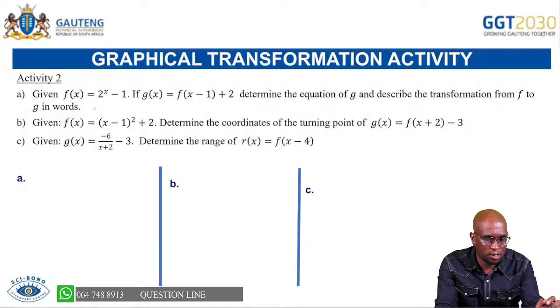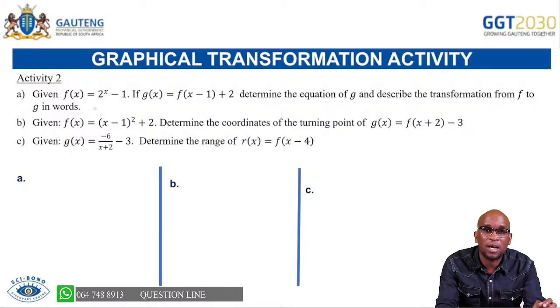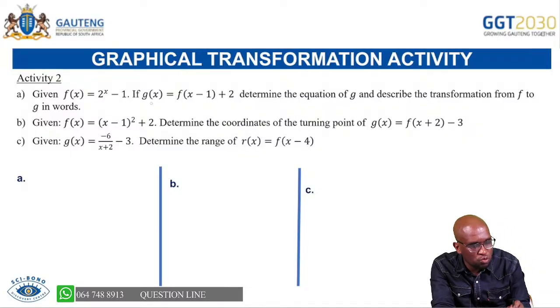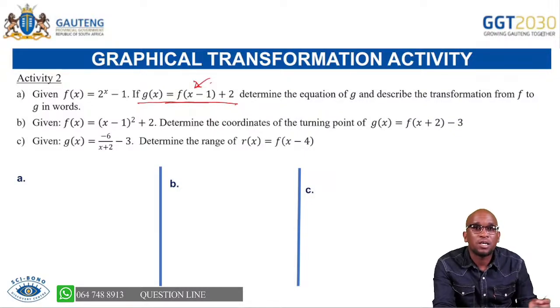Right, given f of x is 2 to the exponent of x minus 1, if g of x is f of x minus 1 plus 2, determine the equation of g and describe the transformation from f to g in words. First things first, we need to determine the equation of g using this translation.